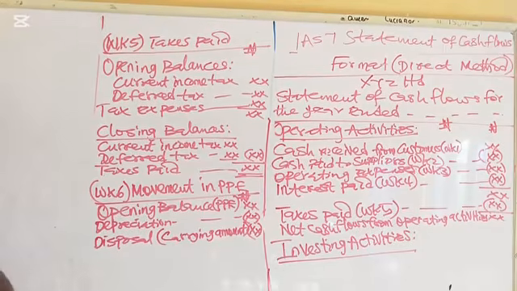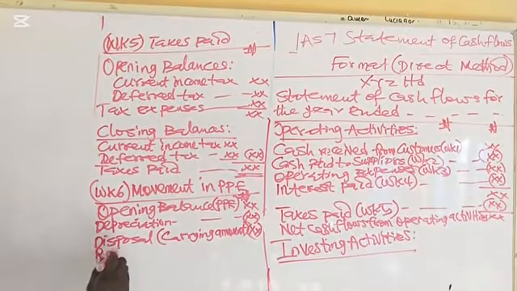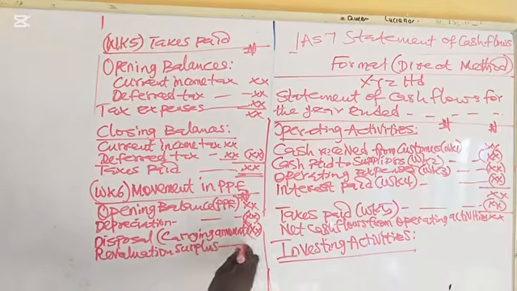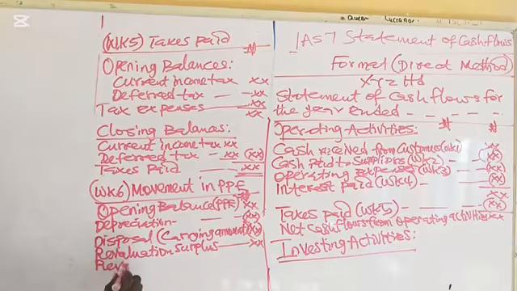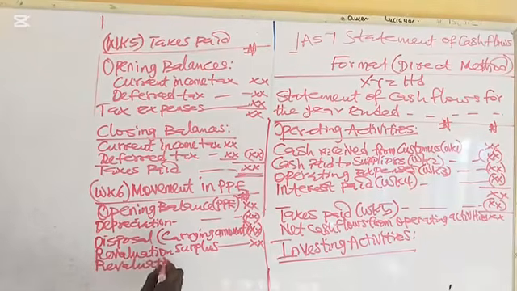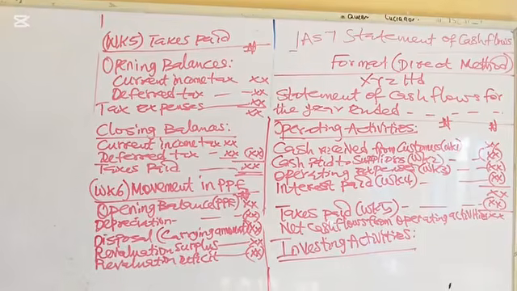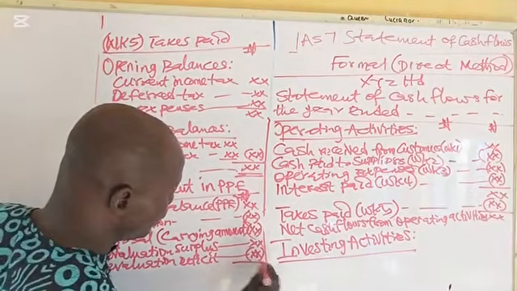Then after this, PPE may be revalued. Revaluation surplus. And if it is deficit, revaluation deficit, so you subtract the deficit.